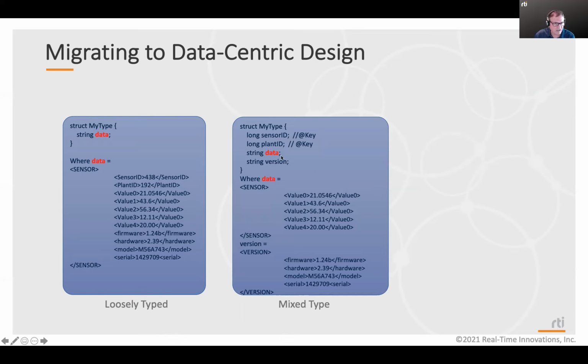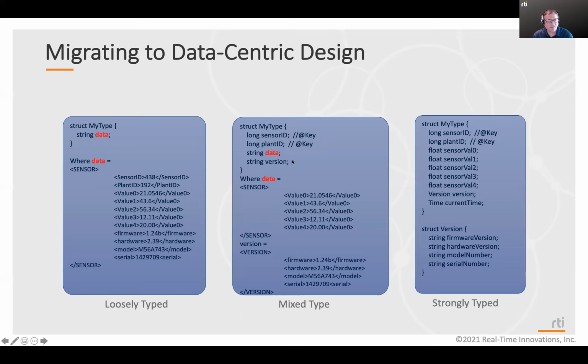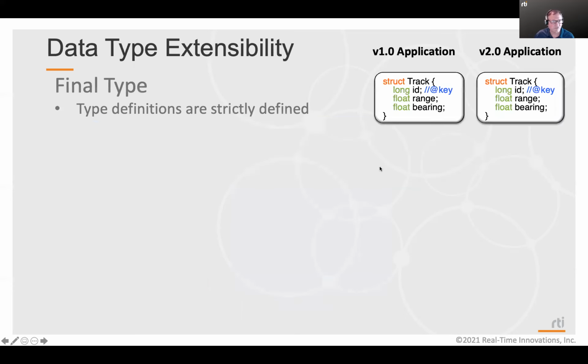So basically, they can get access to these aspects of the data and filter on that: the sensor ID, plant ID, and the version. And then over time, you can migrate to a full strongly typed system. So again, nice way to migrate to the system.